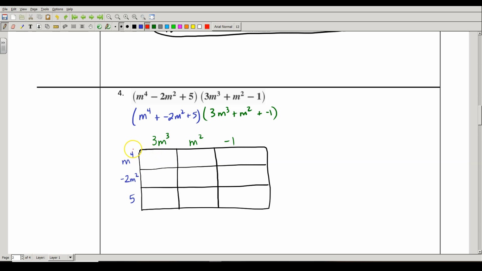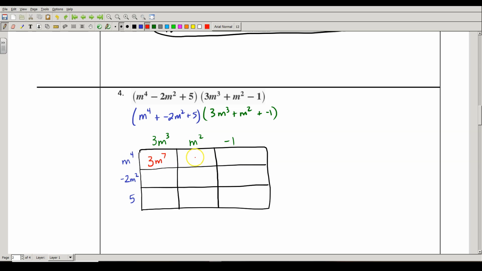So what we do is in each box, you just find the area. You just multiply the things you need to multiply. So this times this is going to give us that box right there. So we look at those 2 boxes and say, well, this is 3m to the 7th. And then we say, well, what's in this box? And we look to our multiplication. We would say m to the 4th times m squared would give us this box, right?